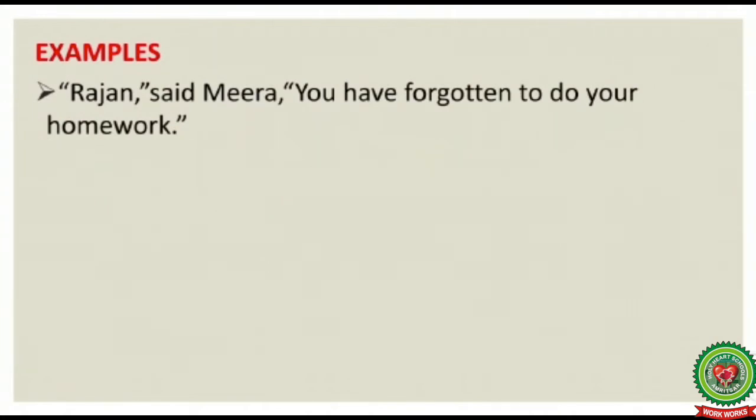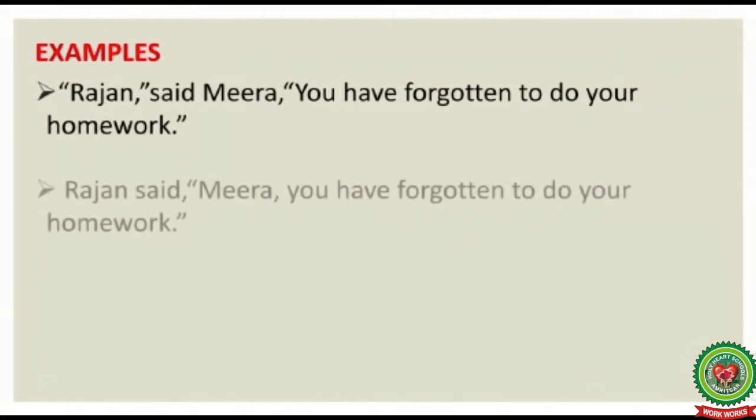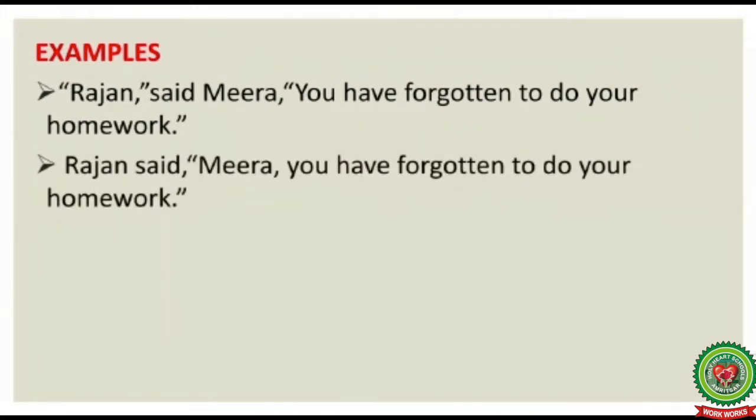Rajan said, "Meera, you have forgotten to do your homework." "Rajan," said Meera, "you have forgotten to do your homework." In the first sentence, the speaker is Meera, and she is addressing Rajan who has forgotten to do his homework.